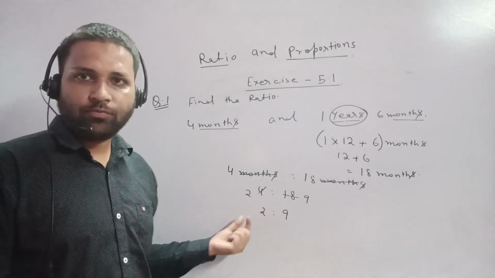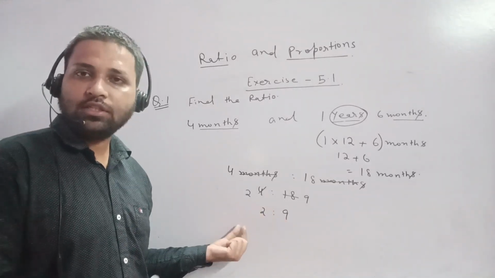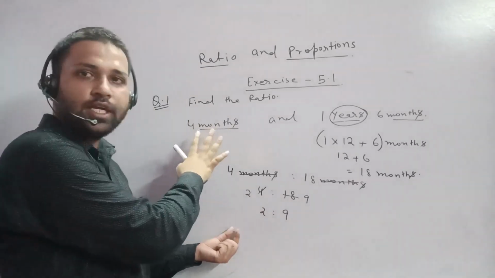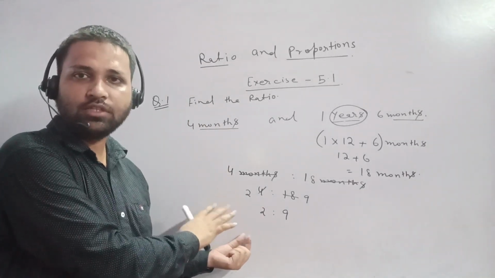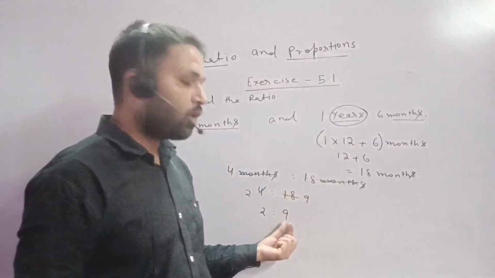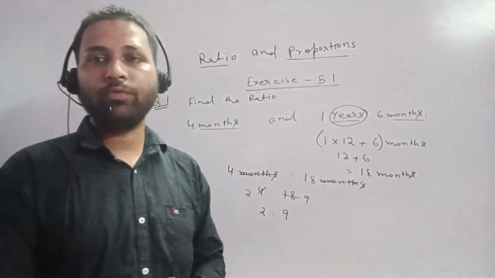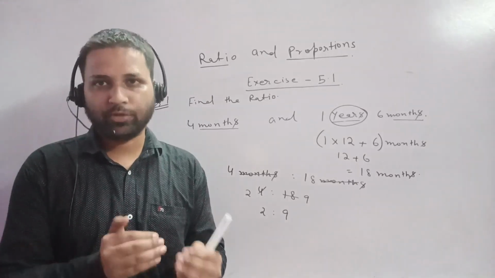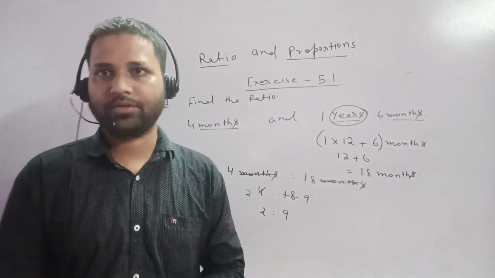So for 4 months the smallest measure is 2 months, and for 1 year 6 months the smallest measure is 9 months. We compare in this way. Now we should proceed to the second question.